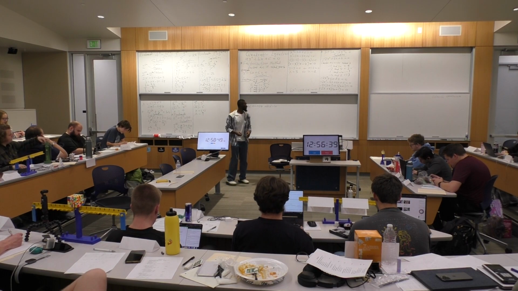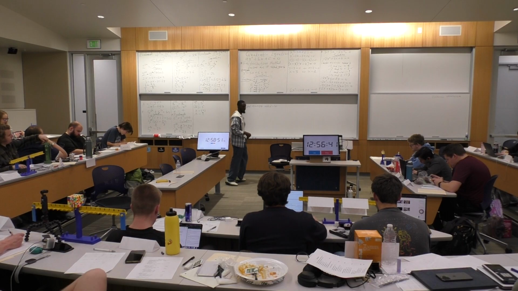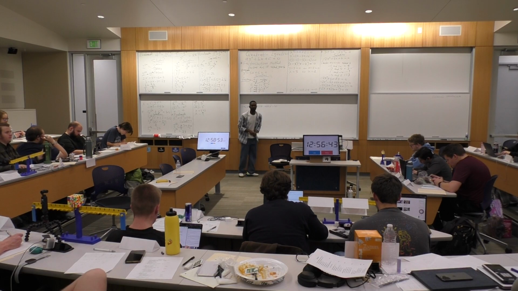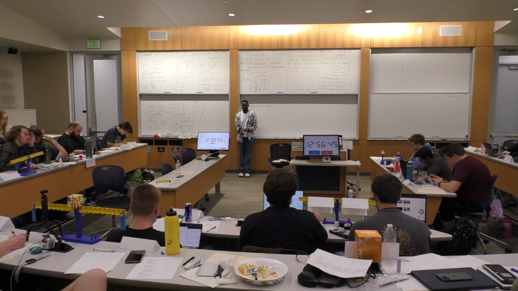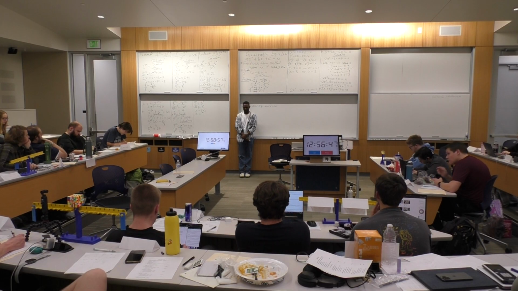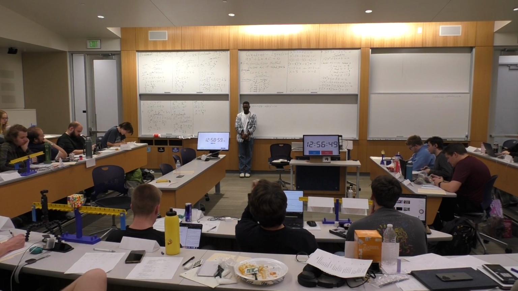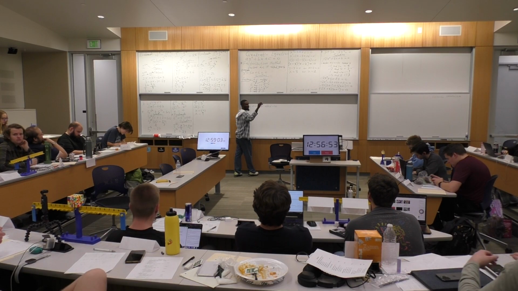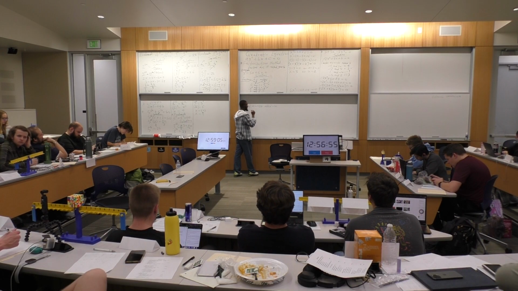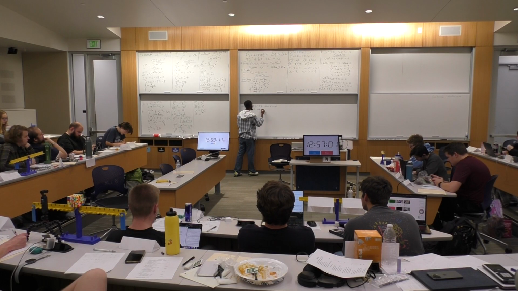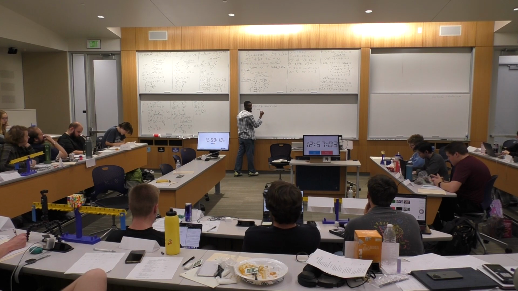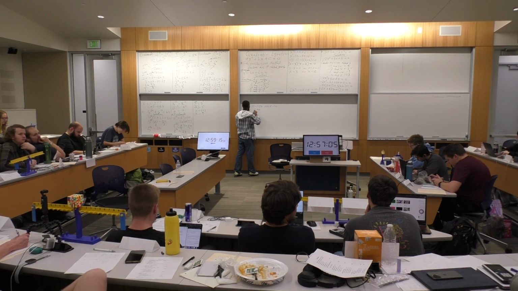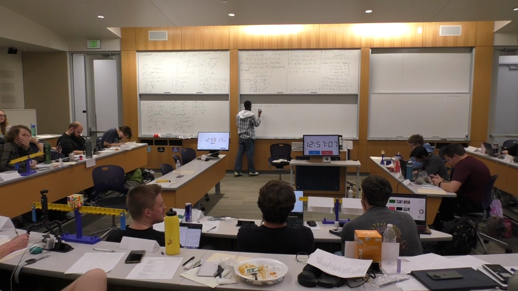Now, what are the factors of 24? Let's name all of them. 1 and 24. 2 and 12. 6 and 4.